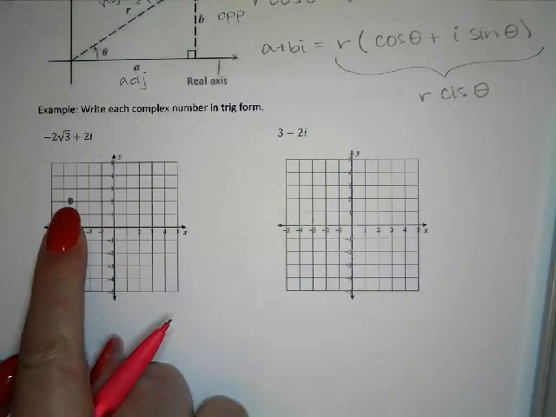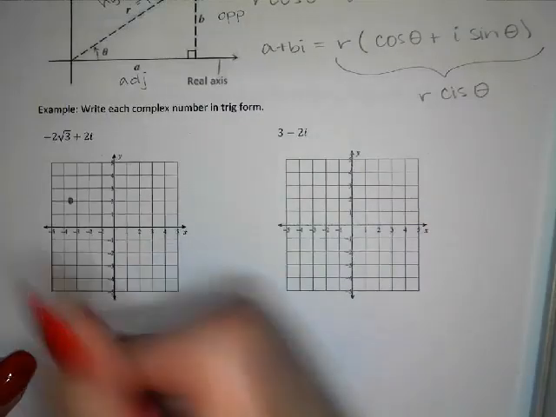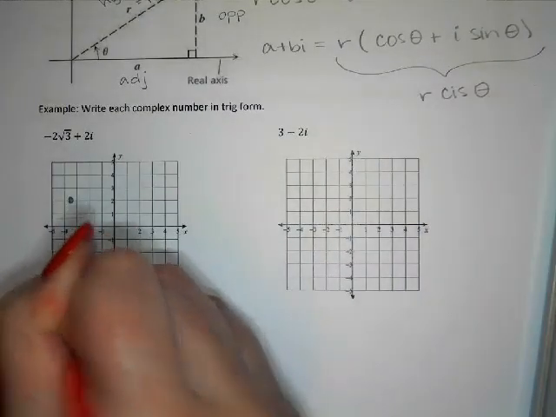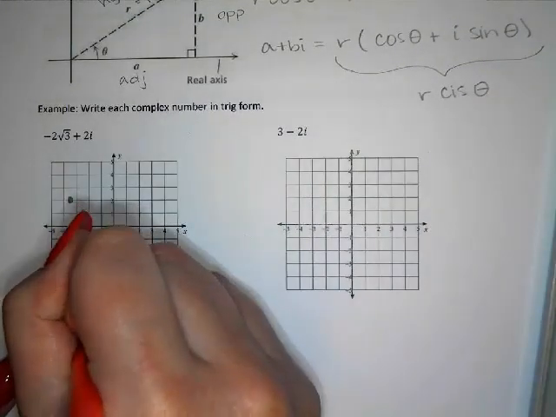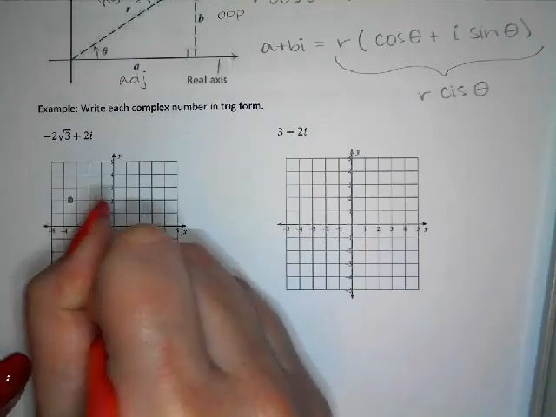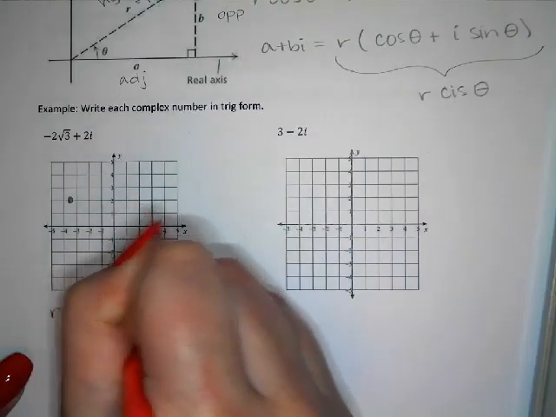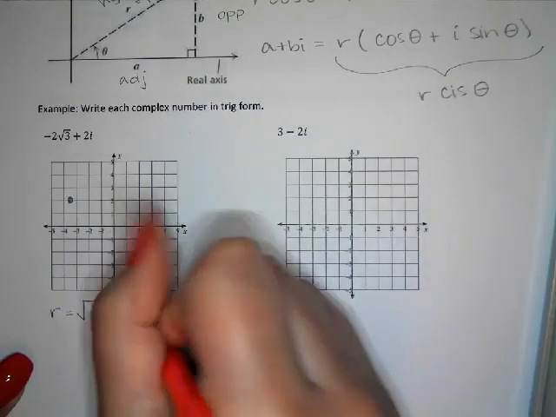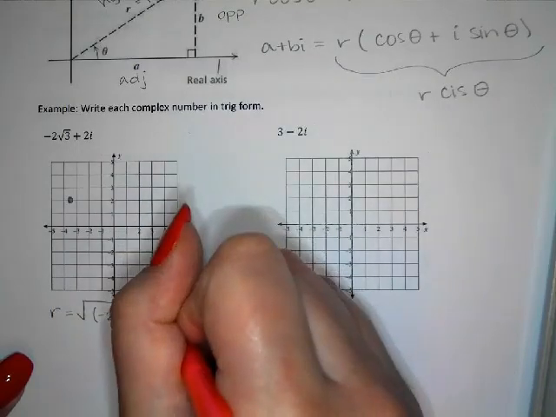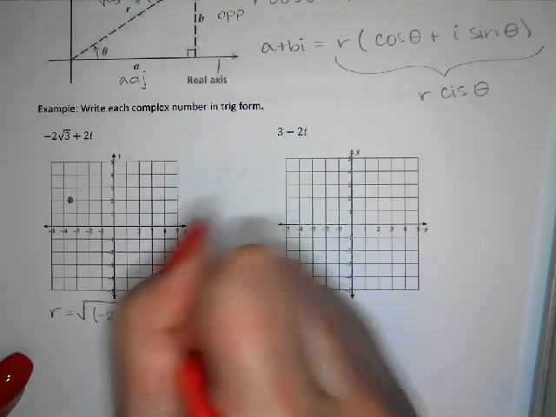And so I'm going to go ahead and figure out the modulus. So this is the square root of negative 2 square root 3 squared plus 2 squared.